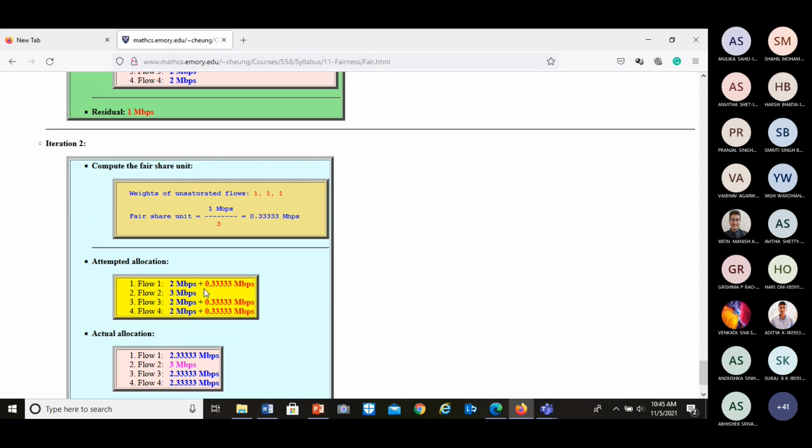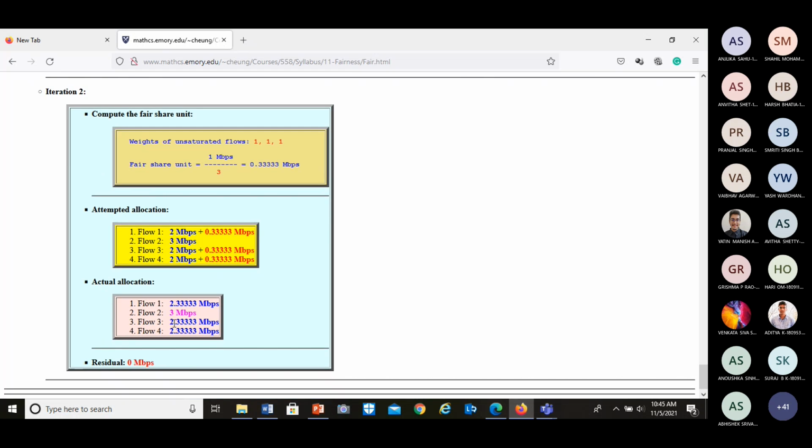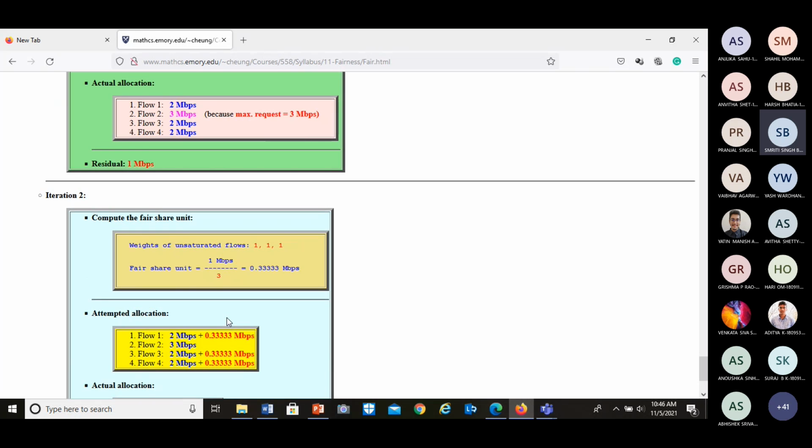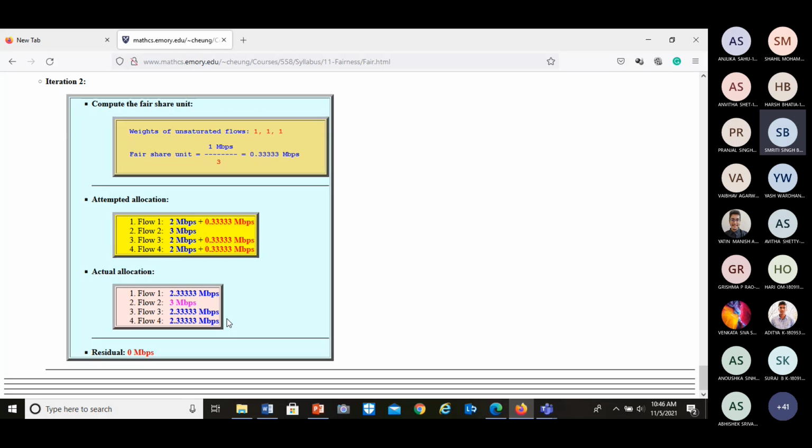That is 2 plus 0.33, and similarly for users 3 and 4, 0.33 each. So the final allocation is 2.33, 2.33, 2.33. When you add all of this, you get 10.